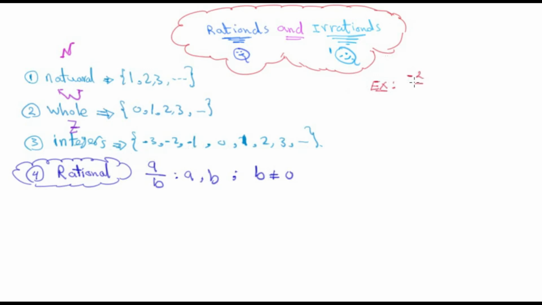I can write it as a fraction, -2 over 1, and -2 over 1 equals -2. Here we have a numerator, which we symbolize by n, and a denominator that doesn't equal 0, which we symbolize by d. So we can write any integer as a fraction. So we can say the fraction is a rational number.